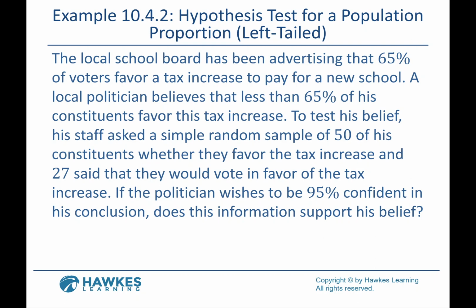If we read through, it says we have a simple random sample of 50. That's our sample size N. And then for P hat, well, we need to calculate it. And you remember P hat is X over N. We don't always have to calculate P hat, but this one doesn't give it to us directly.